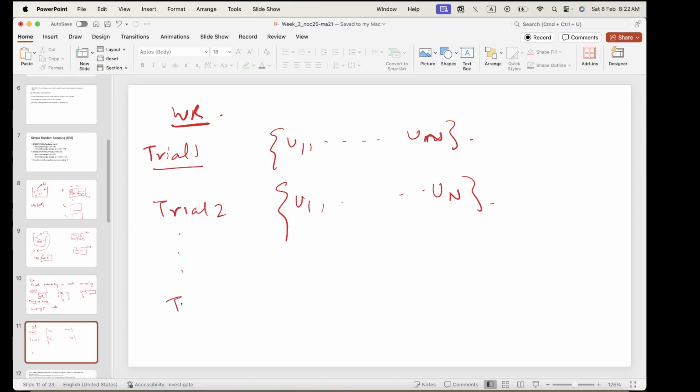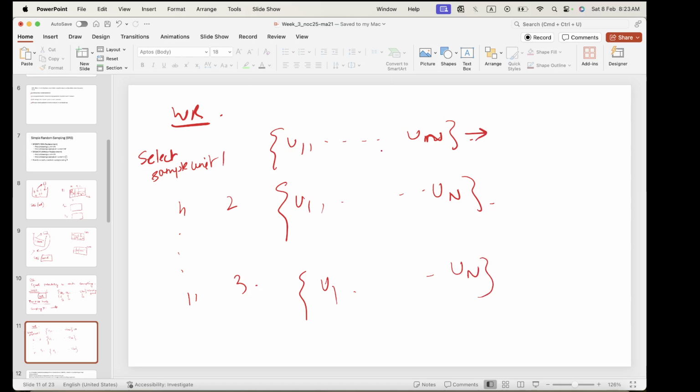Similarly, while I am taking, I would not say trial, I would say select sample unit 1, select sample unit 2, select sample unit 3, whenever I am doing. So my sampling frame remains unchanged.